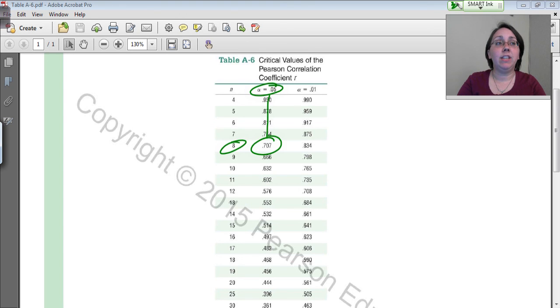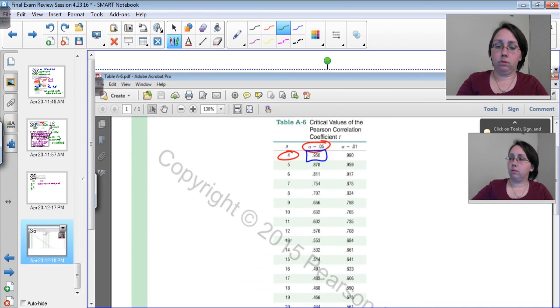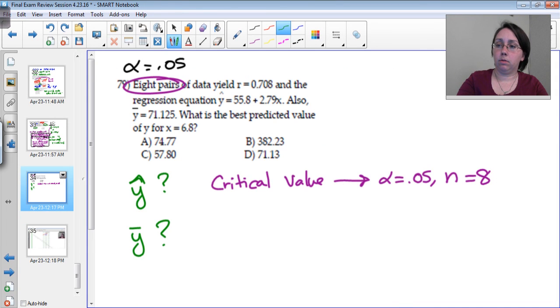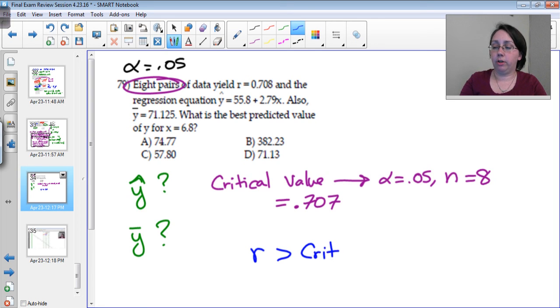So 0.707 is what we're going to compare R to. How does R compare to our critical value? It is greater than. If R is greater than your critical value, which do you use to approximate the Y?